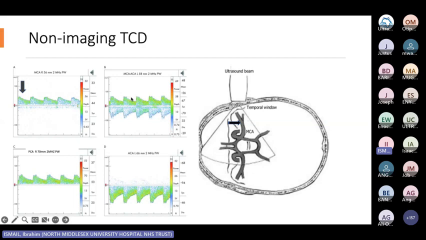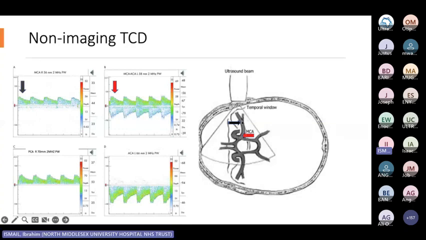As you move down the middle cerebral artery, you will get to a point where the flow is going towards the probe, but also going away from the probe to the anterior cerebral artery. So you get a bifurcating waveform that is positive and negative here. The flow is going towards the probe and away from the probe, where there is a bifurcation area here.